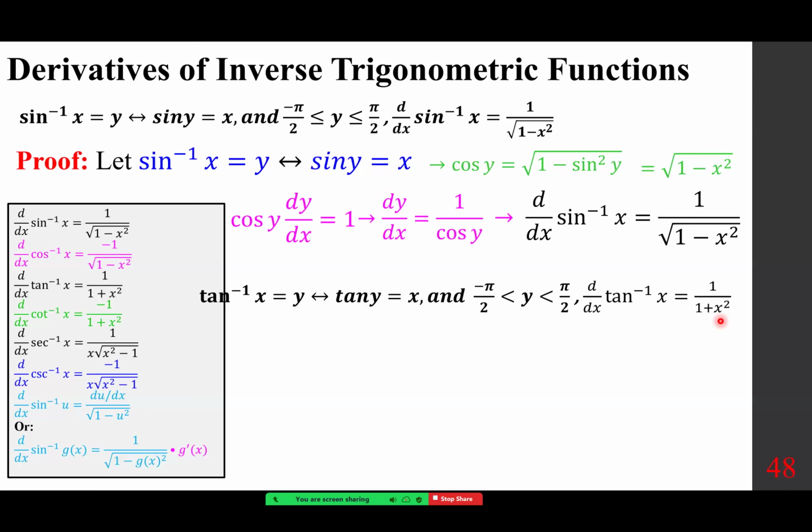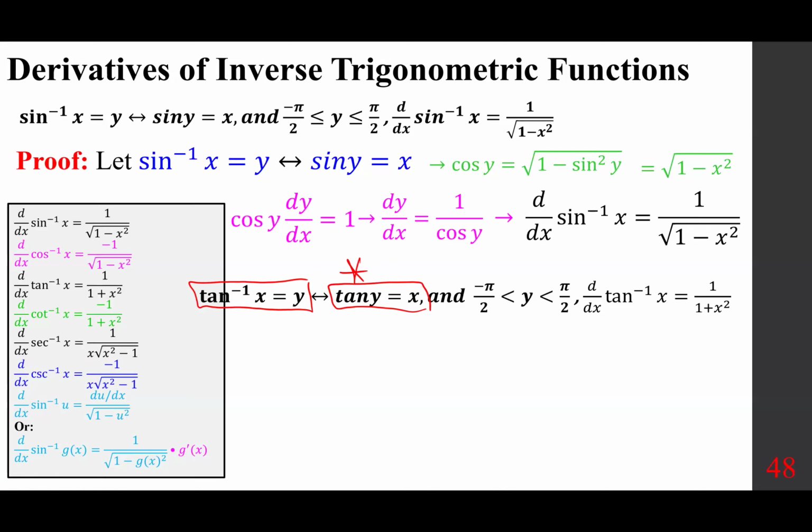Let's prove that by differentiating this expression using this one, tan y equals x. So we don't have to worry about that. Using, of course, implicit differentiation.